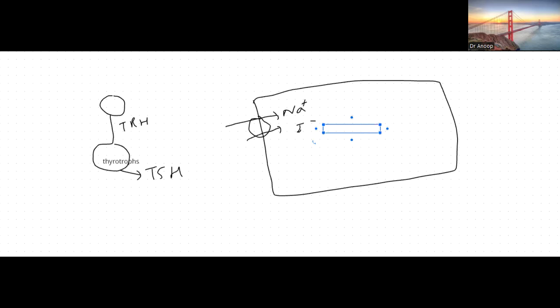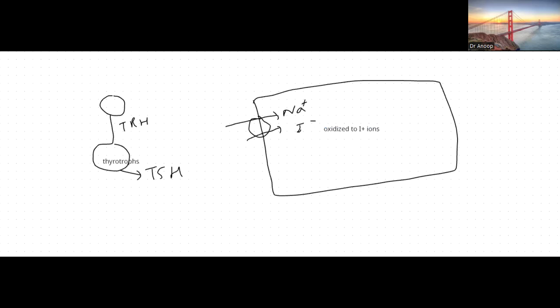So the first step is oxidation, by which these negative ions are converted into positive ions, and then they are going to be combined with the tyrosine residue of thyroglobulin.